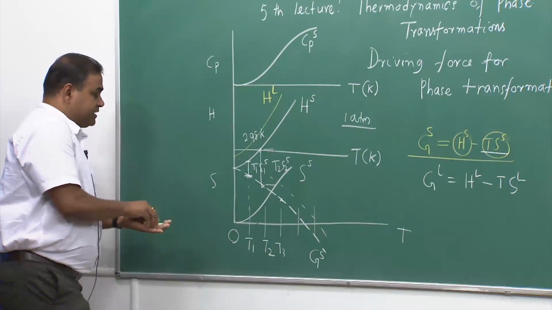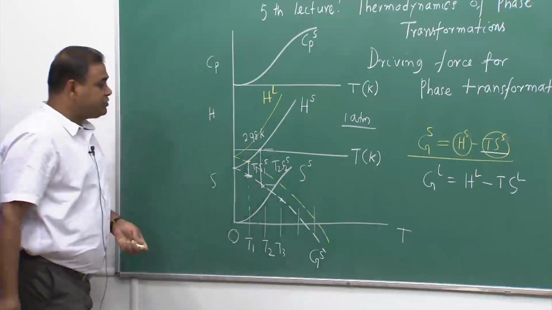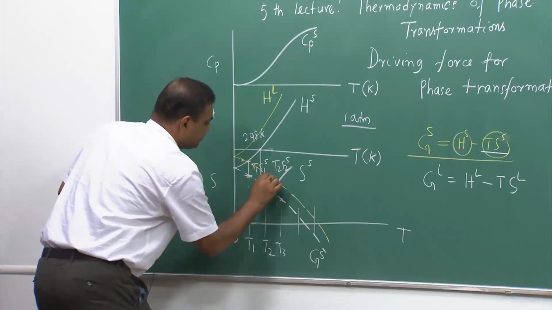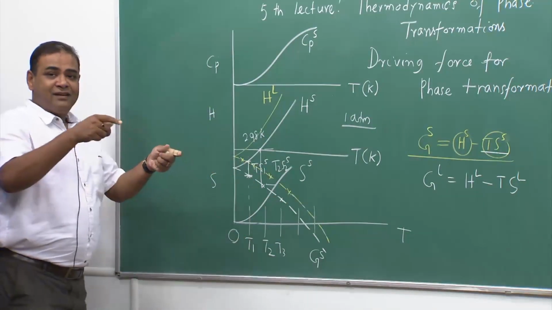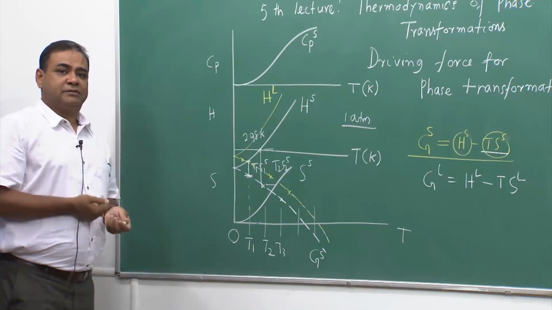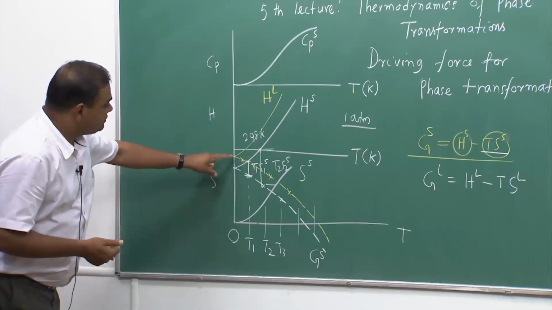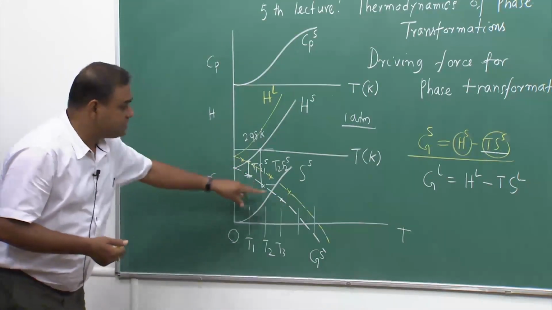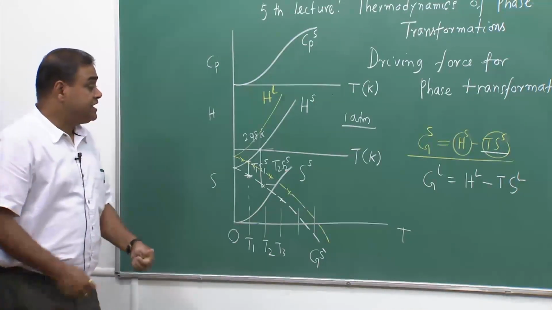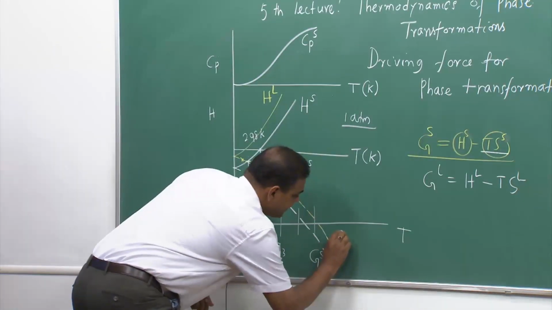Another point like this, let me put it in a yellow color, because now the question is, every point on this particular line would be the minus T S liquid term. So, now the point is whether this line will go parallel to this G of solid, or it might cross at some point. Okay. So, now this is GL.